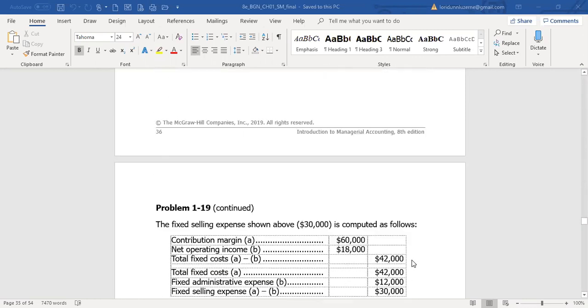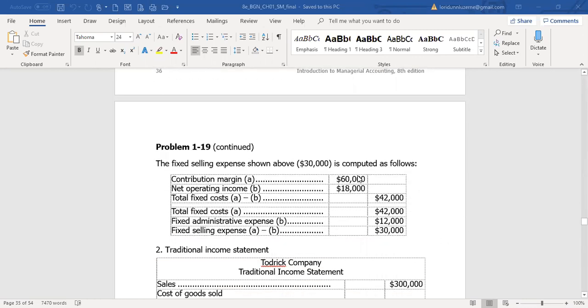Same with the fixed expenses. We know our contribution margin is 60. We know our net operating income is 18. So the difference is how much our fixed expenses or costs are. We know one of them is 12,000, so the other must be 30,000. So this is a great problem to really test your understanding of the contribution income statement.